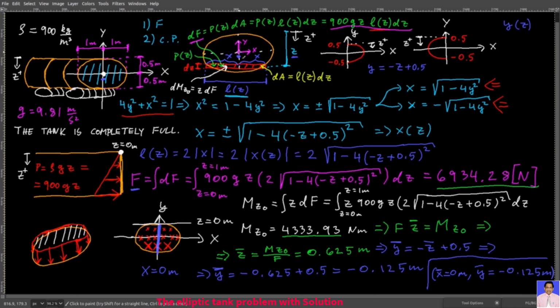It's at x equals 0 meters, but it has a negative y center of pressure. And it makes sense that your center of pressure is here, because this is your distribution here. And so with this triangular distribution, it has to be below the origin a little bit. So that's how you deal with fluid pressure when the plate has variable length.